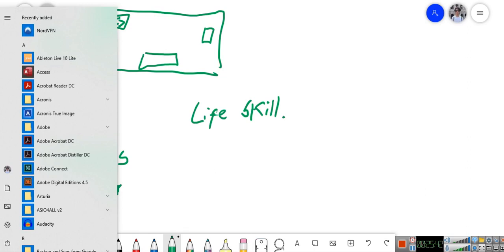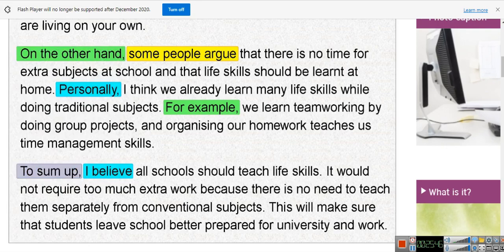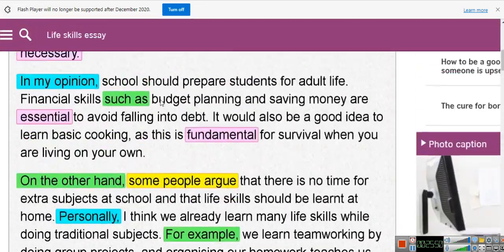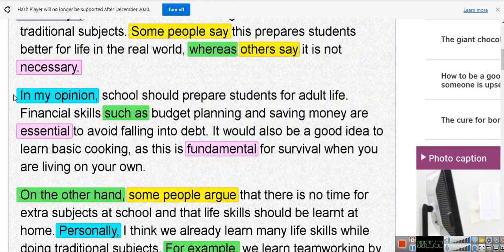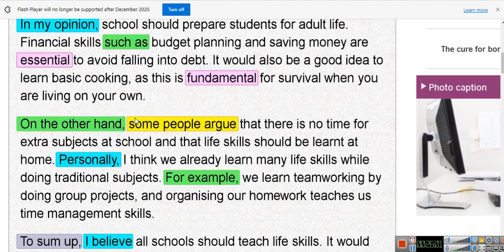He carries this topic basically on these two paragraphs. "In my opinion, schools should prepare students." That's his first opinion.